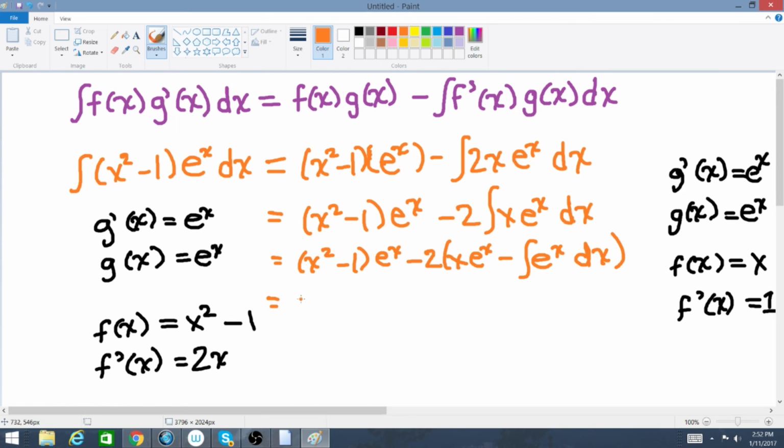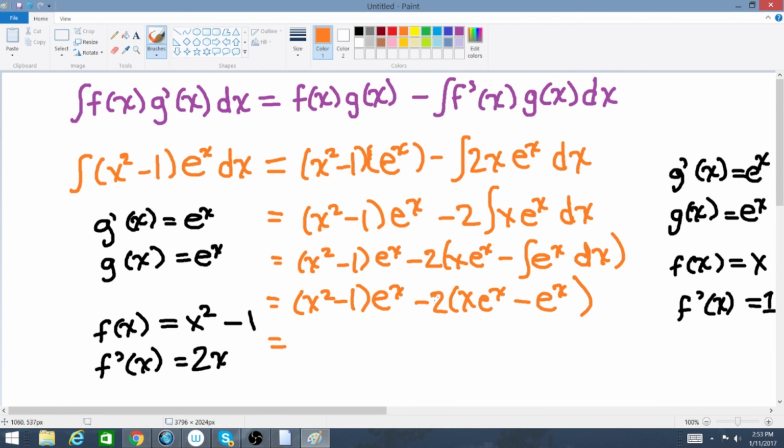Let's continue. x squared minus 1 e to the x minus 2 times x e to the x. Now, the integral of e to the x dx is still e to the x, so let's simplify and write that.